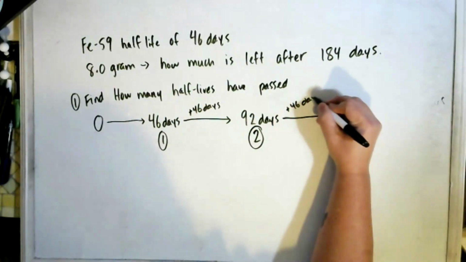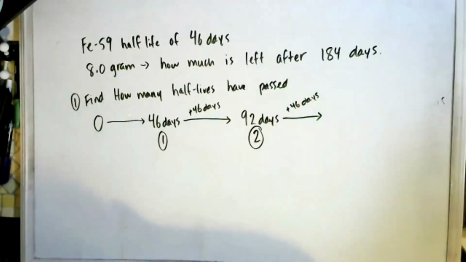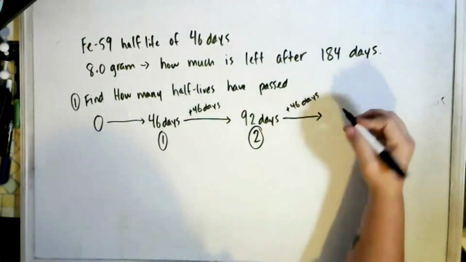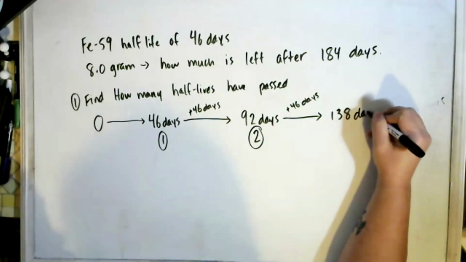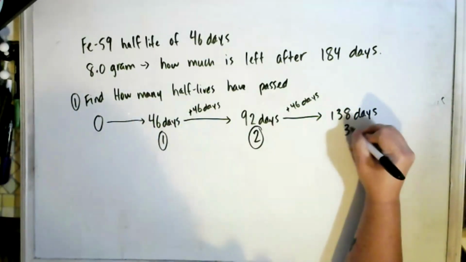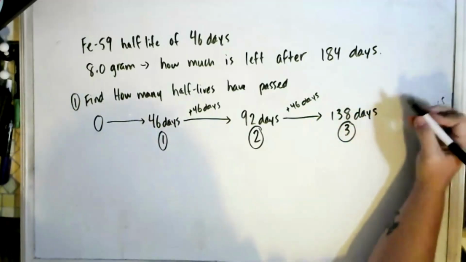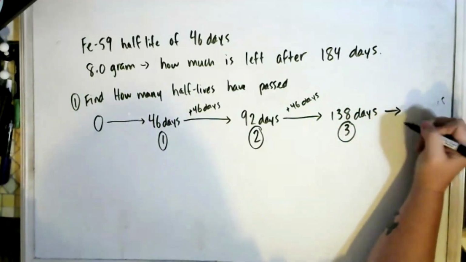Then we're going to wait 46 more days, and we're going to get to our third half-life. So that's going to be at 138 days. Okay.